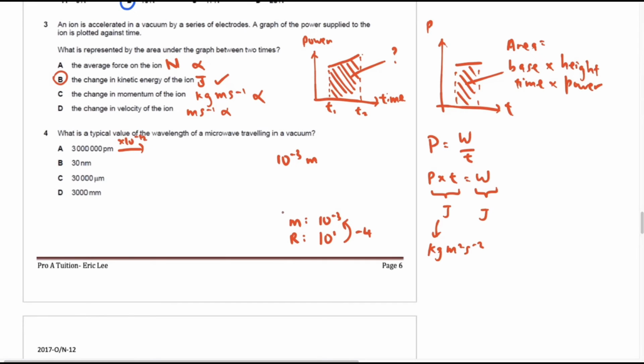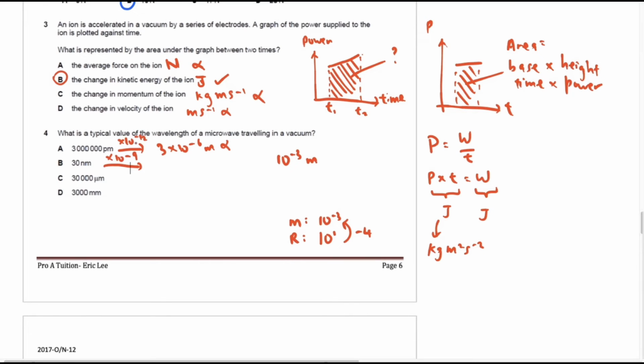So we get 3 times 10 to the power negative 6 meter. Which is wrong, negative 6. 30 nanometer, so we remove the multiples. We multiply with 10 negative 9.